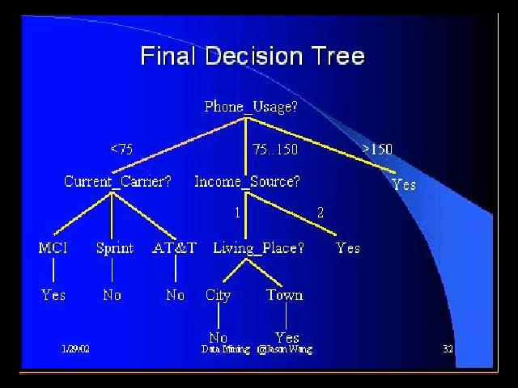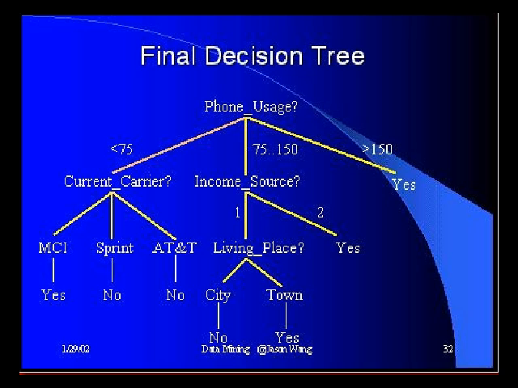The living place tells you that if it's city, then that tuple belongs to the negative class. If it's town, that tuple belongs to the yes class. Okay? So far, the tree has been constructed entirely, and every tuple belongs to one particular class along the branches in the tree. And that's all.